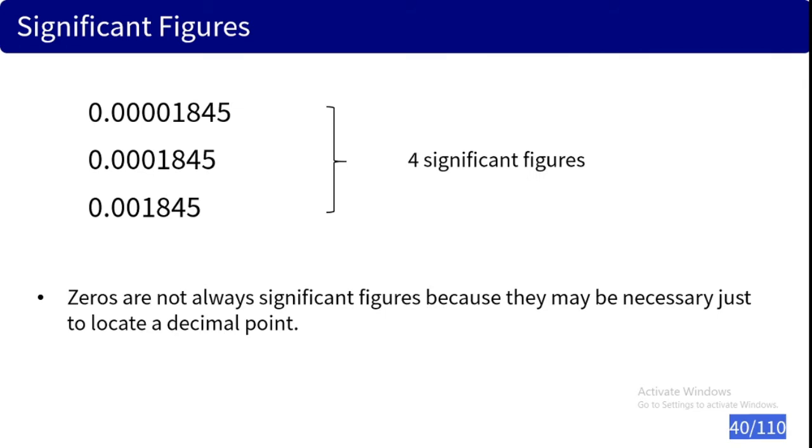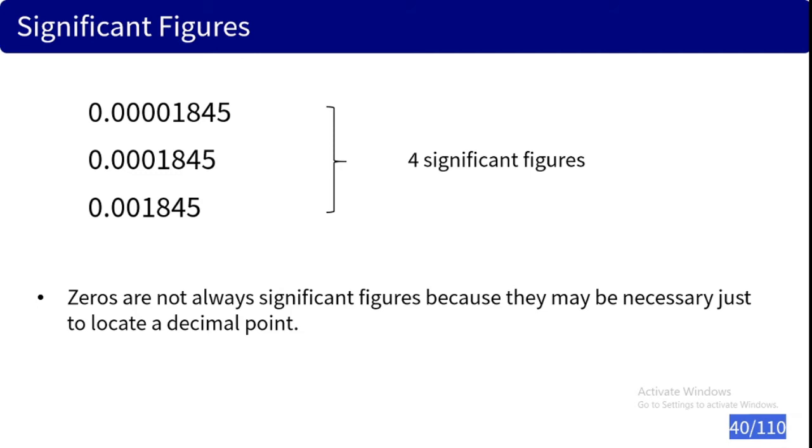The next example is these three numbers: 0.0000 then 1845, then 0.000 then 1845, and 0.00 then 1845. These numbers all have four significant figures. Okay.